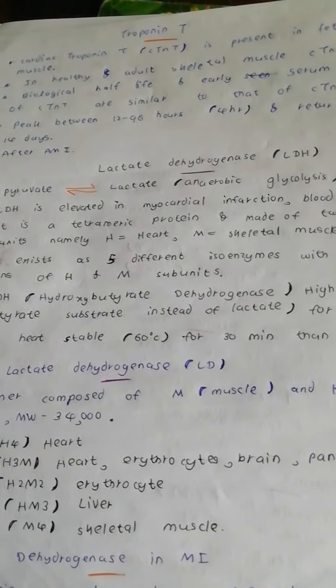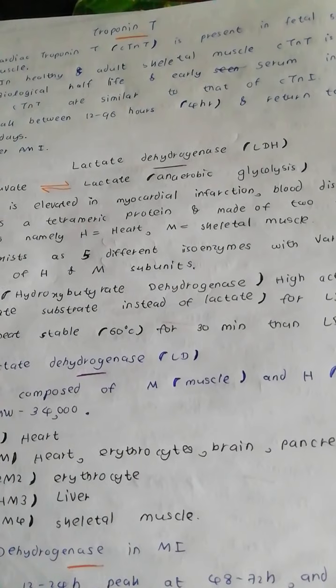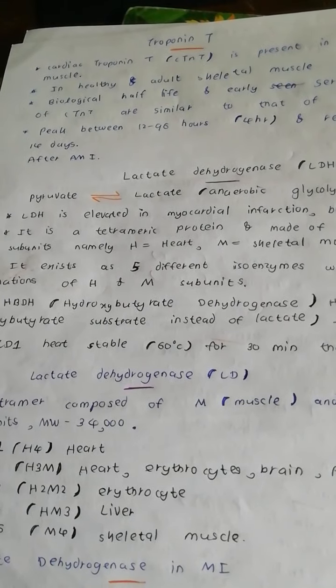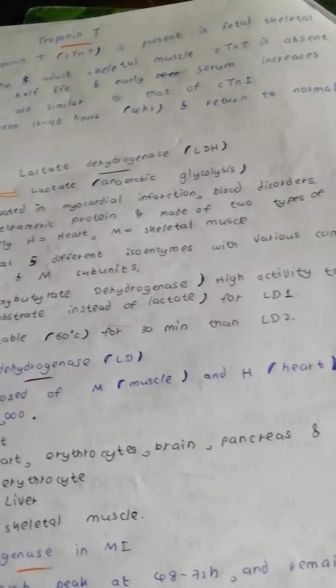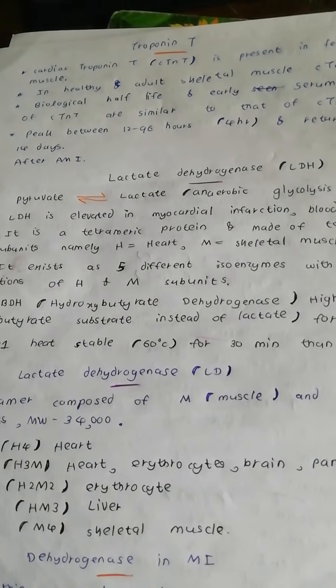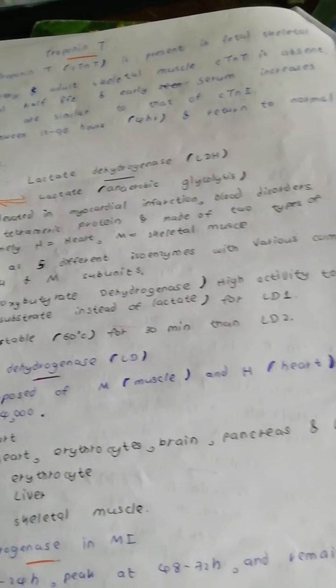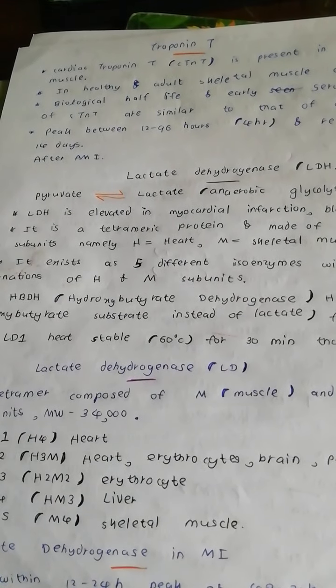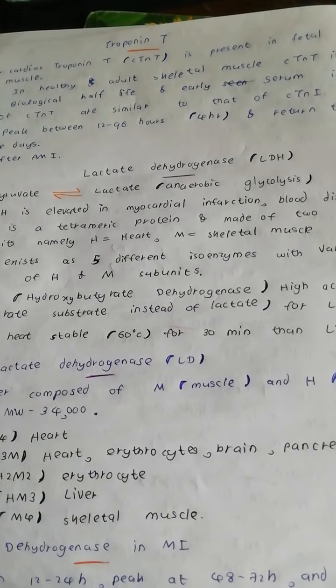Lactate dehydrogenase converts pyruvate to lactate in anaerobic glycolysis. LDH is elevated in myocardial infarction and blood disorders. It is a tetrameric protein made of two types of subunit, namely H, heart, and M, skeletal muscle.